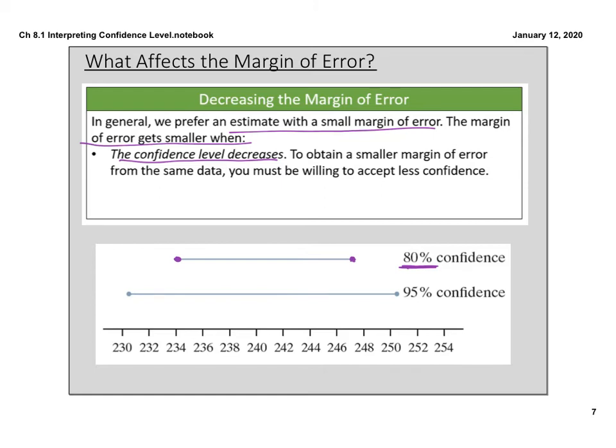Now, if you want to have a higher confidence level, that means that you have to widen your interval. So it just depends on what you're looking for. So this 95% confidence interval has a much wider interval, okay? Because we're 95% confident that it falls in there. We're only 80% confident that it falls in this top one. But look at how much smaller the interval is, okay?